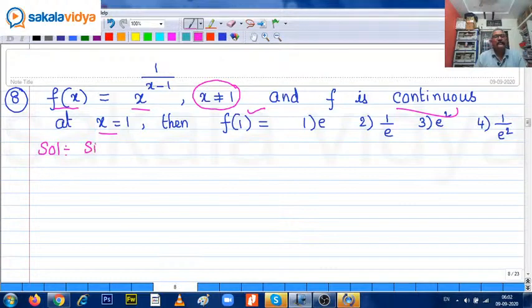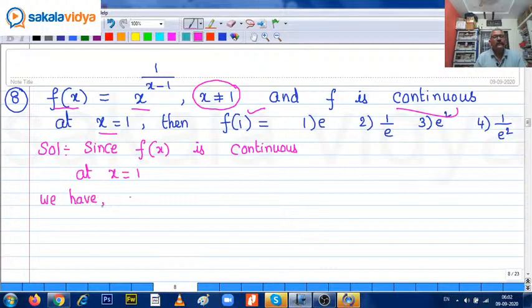Since f of x is continuous at x is equal to 1, we have f of 1 should be equal to limit x tends to 1 of f of x.